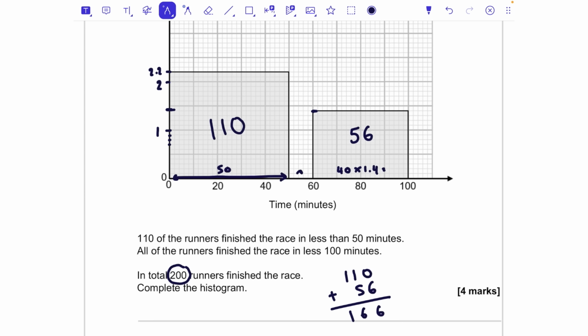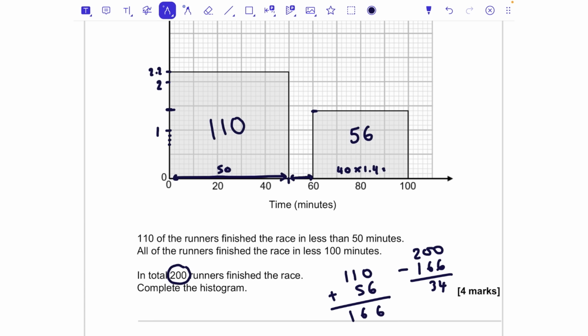So this middle part here, we know that's going to be the rest of the runners because we were told that no one took longer than 100 minutes. So 200 take away 166 is 34. So there are 34 runners that need to go in this middle category here. Now we know that that has a width of 10 because it goes from 50 to 60.